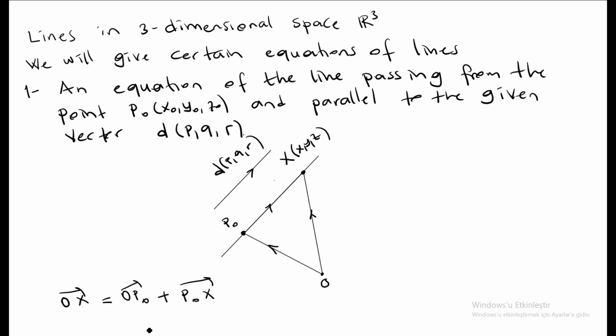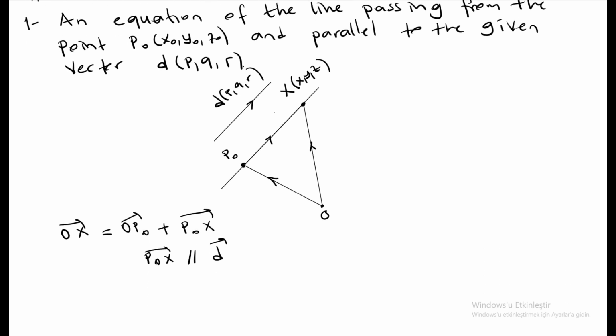Now P sub 0 X is parallel to the D. This D is a vector. So it means P sub 0 X and D are in the same direction.